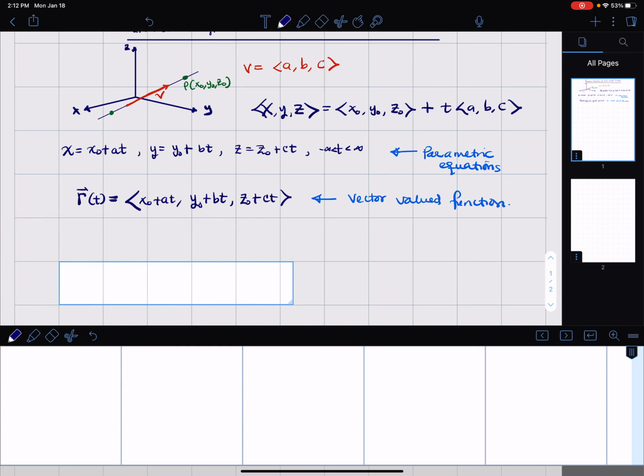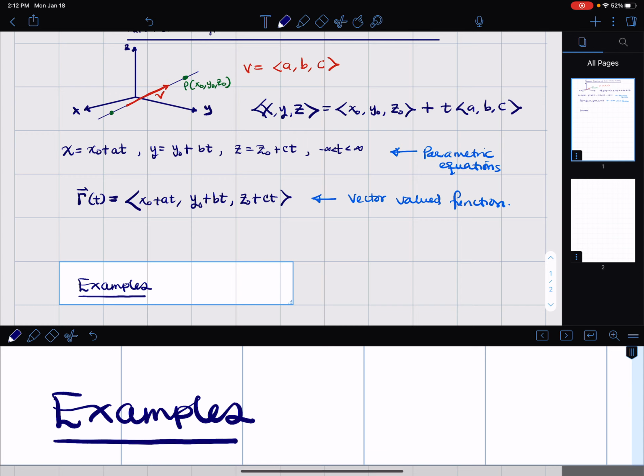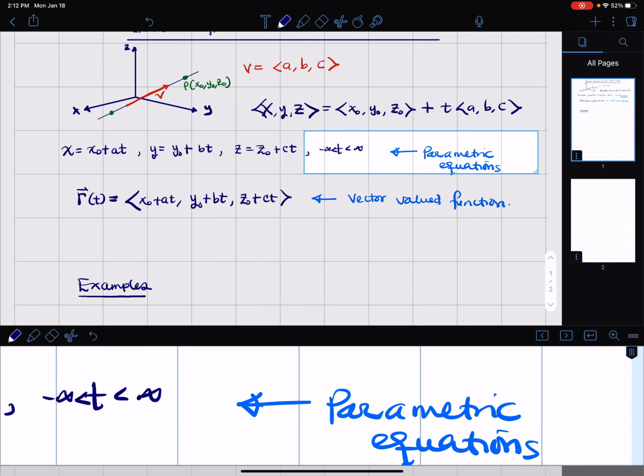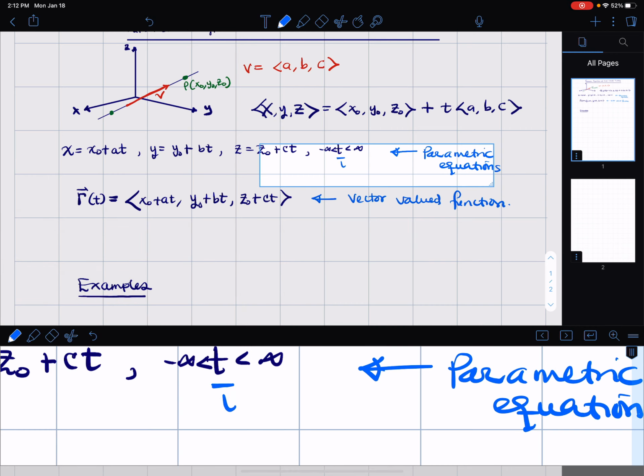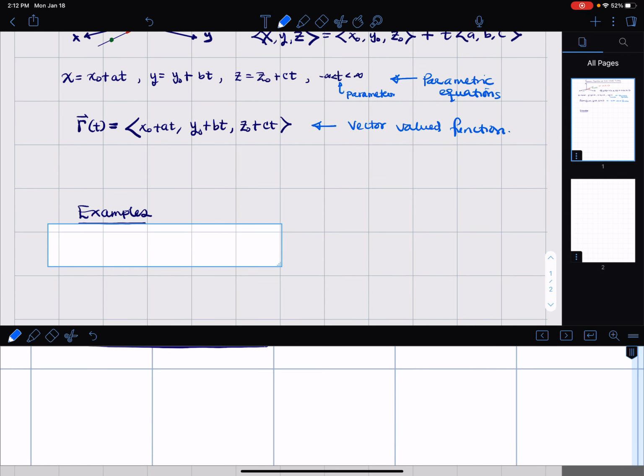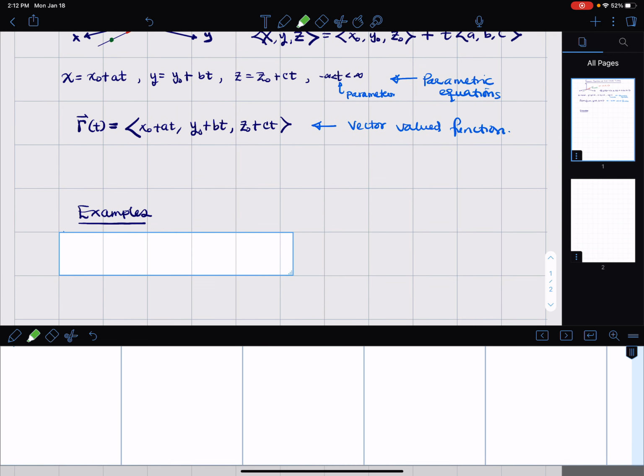So we're just going to go into it with a bunch of examples. But before I go ahead, it's a parametric equation because t here is the parameter.